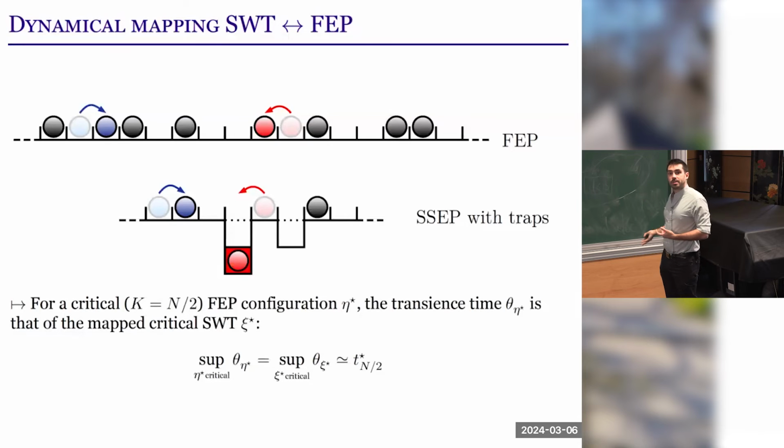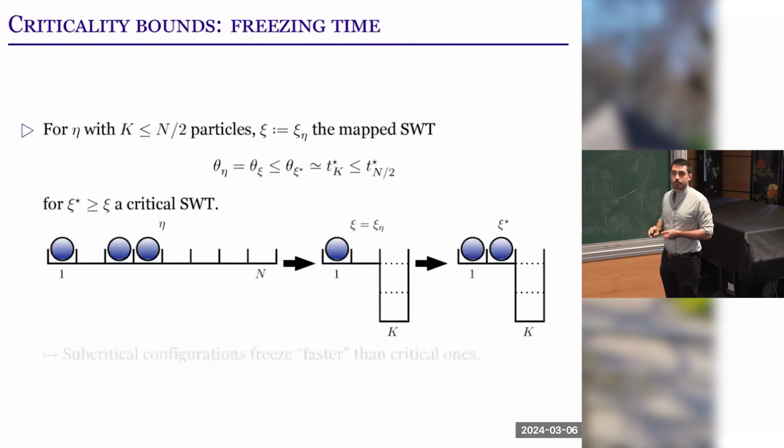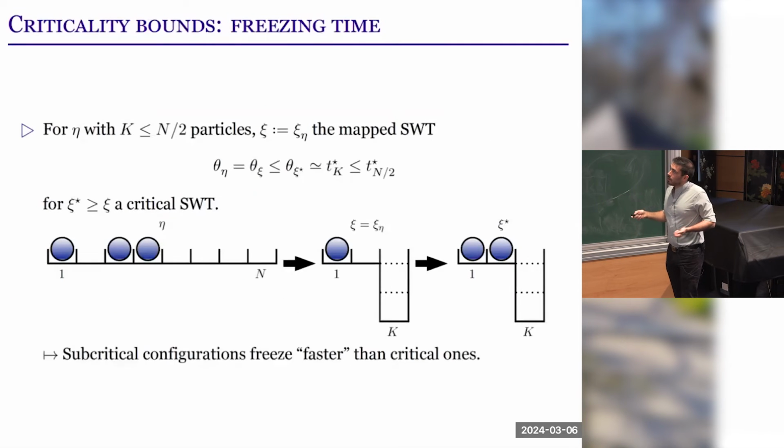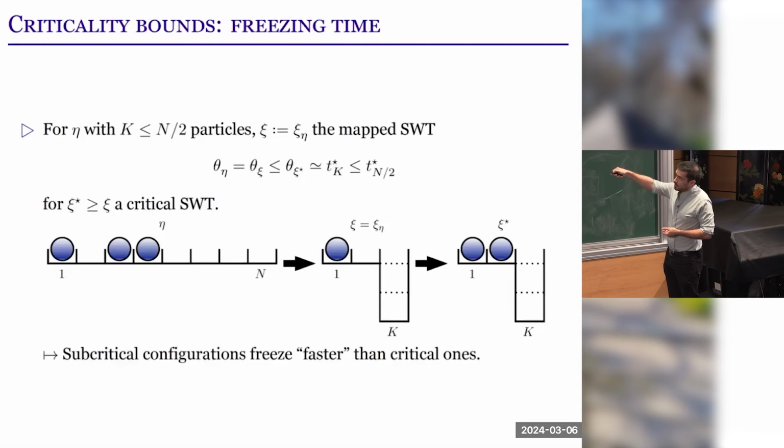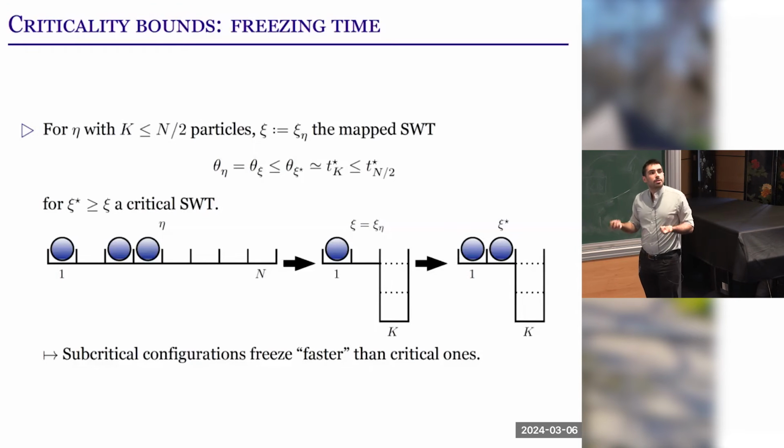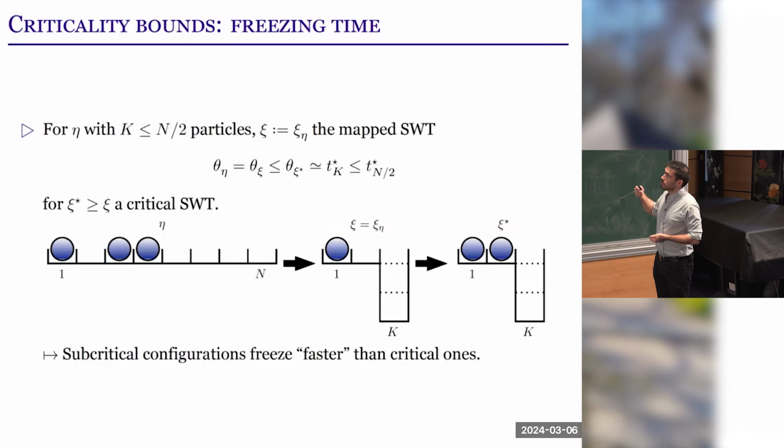So now you only have to deal with supercritical configurations. So what I essentially explained here is that subcritical configurations for the FEP freeze faster in some sense than critical ones. Well, you want to do exactly the same thing for the supercritical configuration, meaning for FEP configurations with more than half the sites occupied.